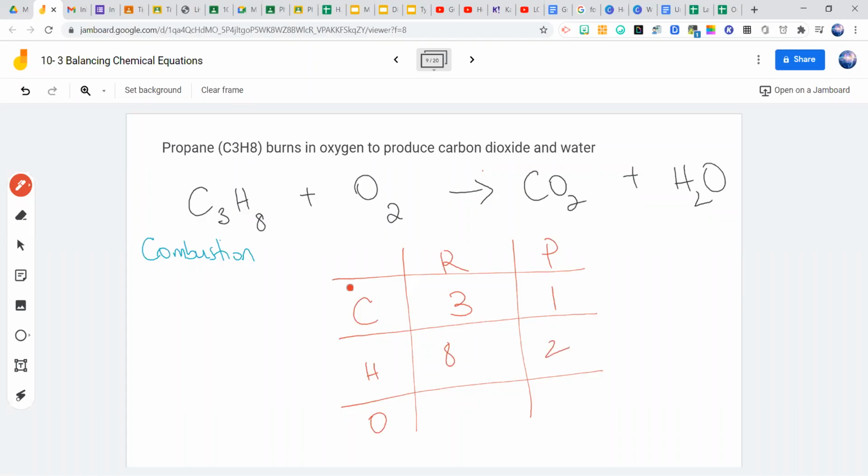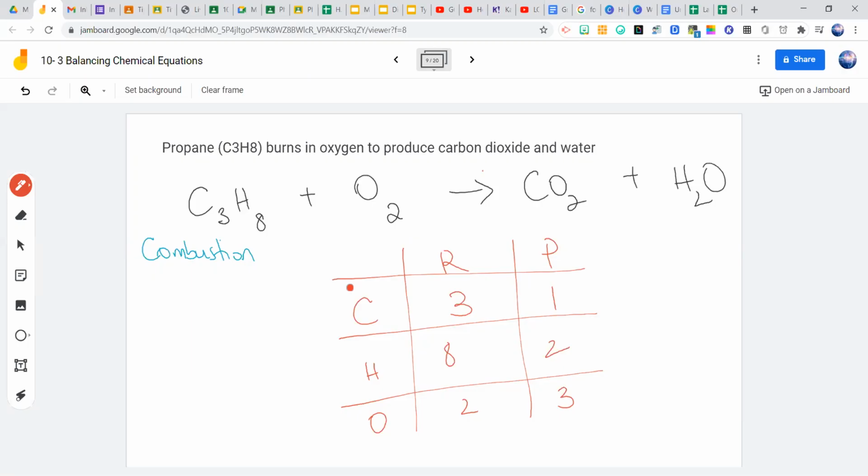Very good. Oxygens? 2. Oxygen and oxygen. Look at it. How many in total? 3. Very good, ladies. So I have 2 in carbon dioxide and 1 in water.